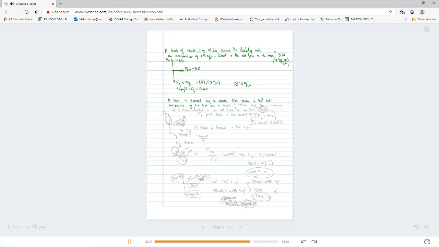If the box has a mass of 40 kilograms and an acceleration of 2 meters per second squared, what is the net force? That's question number 1. Number 2 is, what is the tension in the rope?